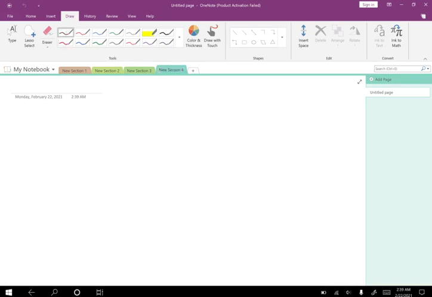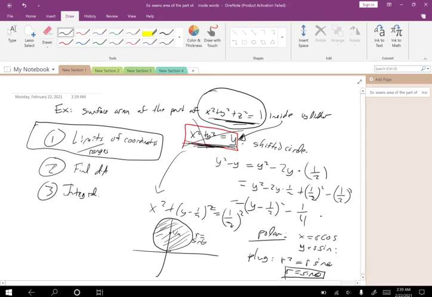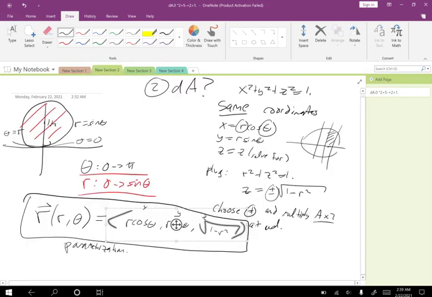So our last step is just to do the integral. And we need to remember our ranges, of course. So if we go back to what we had, our ranges were here.